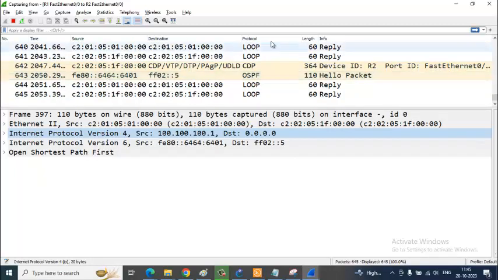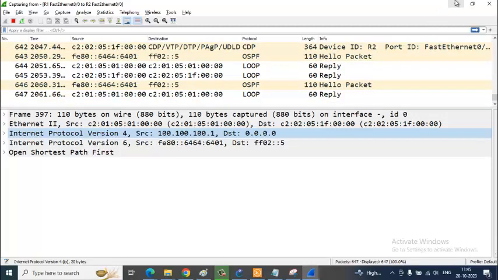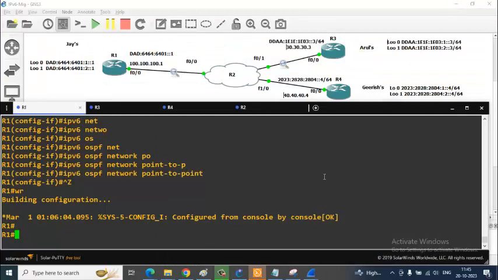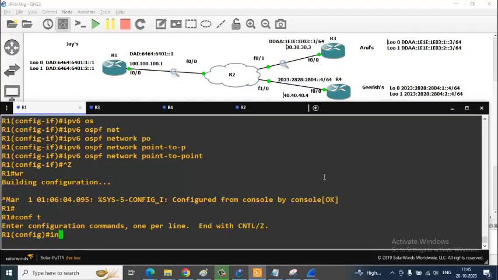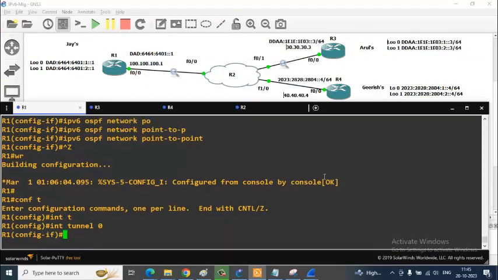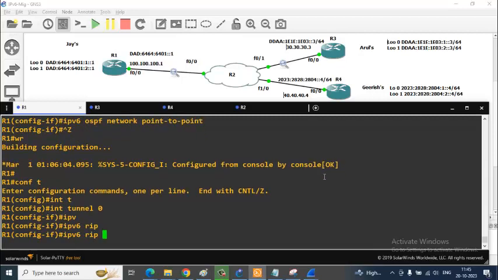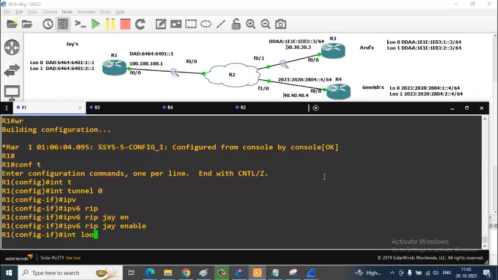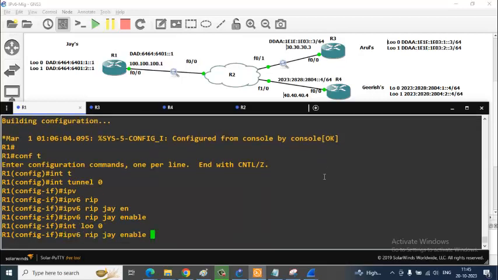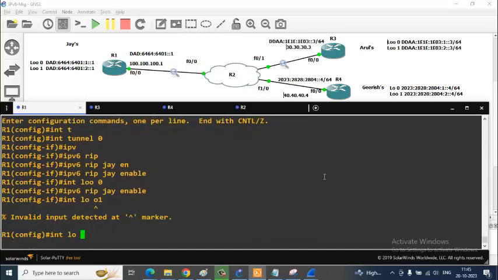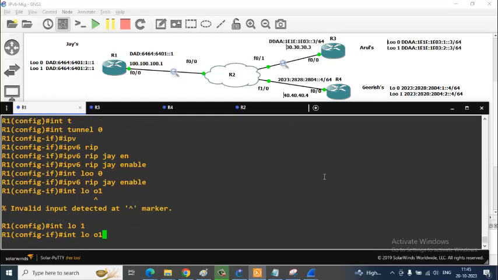Now, is this the problem only with OSPF? Let's try RIP also in parallel. Interface tunnel 0, IPv6 RIP enable, interface loopback 0, same command, interface loopback 1, same command.